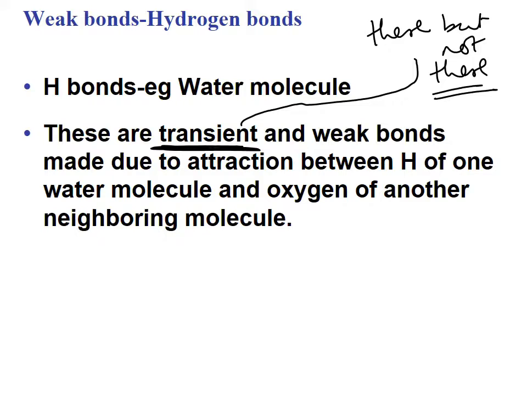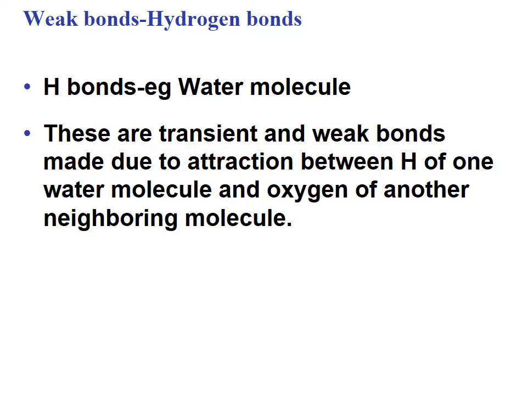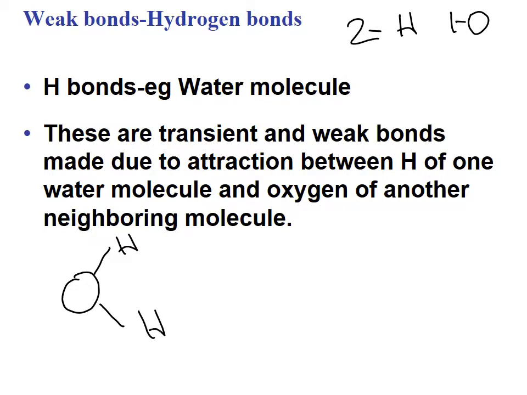Okay, so let's take the example of water. Now a water molecule has 2 hydrogens, 1 oxygen. And what is the way in which it is present? Oxygen, hydrogen, hydrogen. So this side is slightly negatively charged, this side is slightly positively charged.